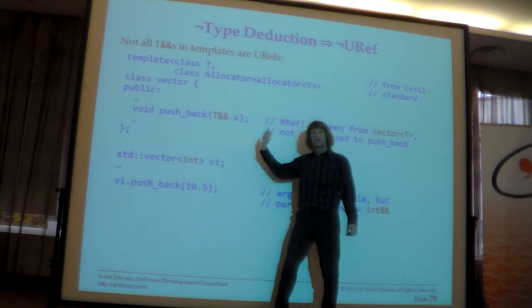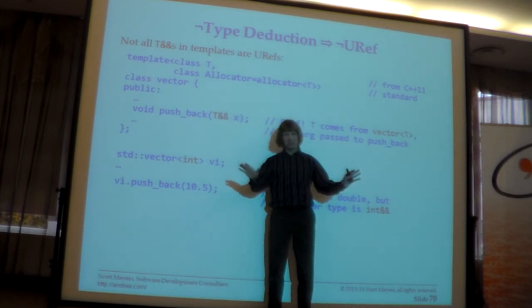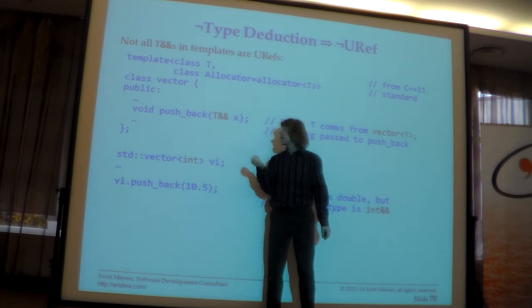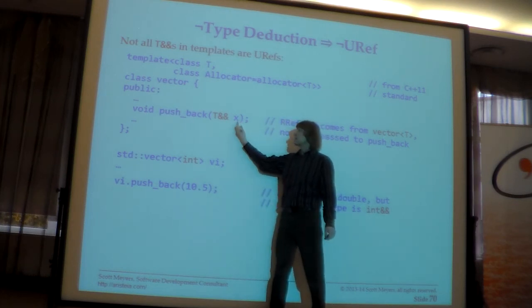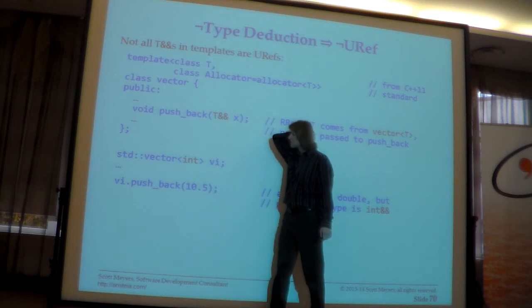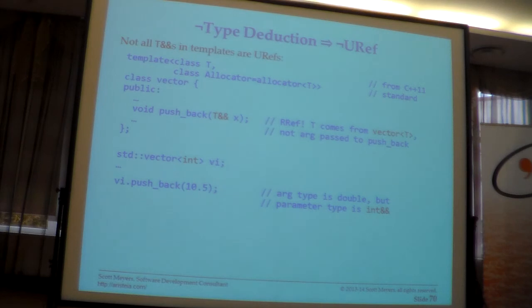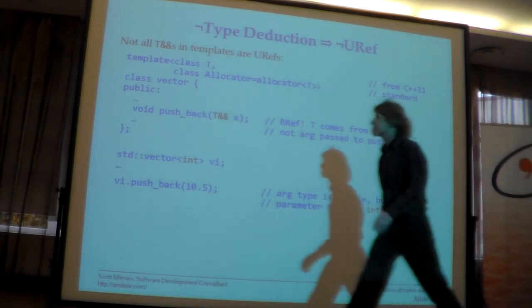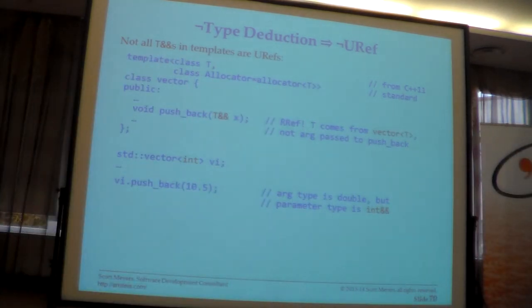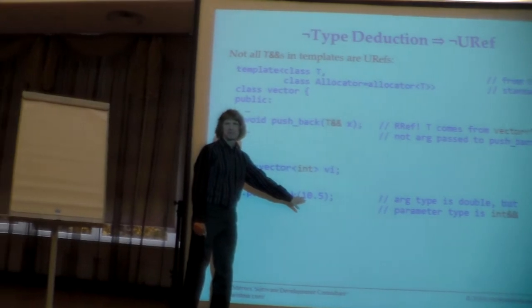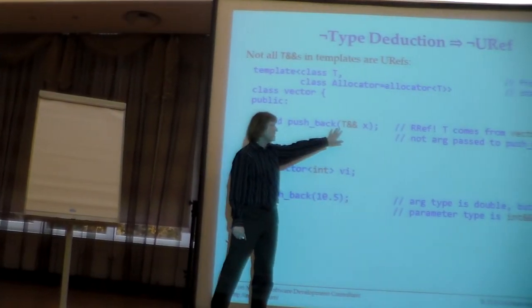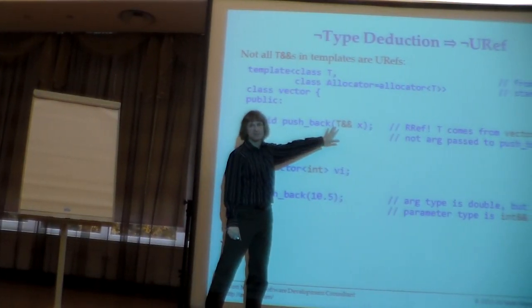The answer is the same for all parameters. You are taking the, in this case, this is a reference. All right, so what's going to happen here? In this case here, I'm passing a double. The parameter type is int ref.